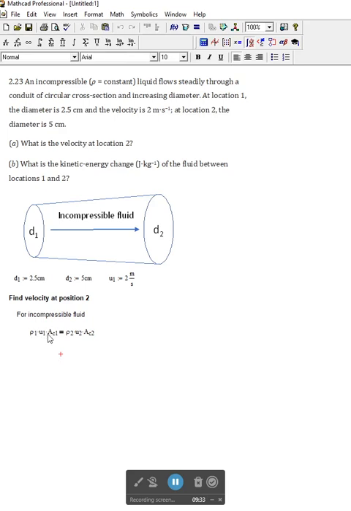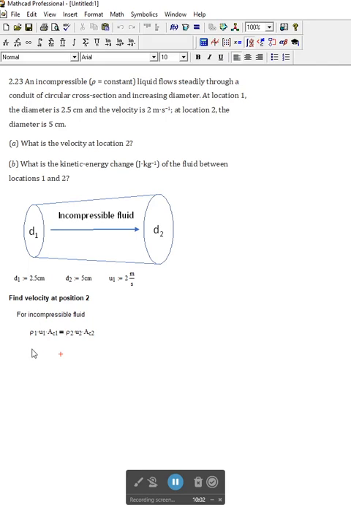Density times linear velocity times cross-sectional area at position 1 is equal to density times linear velocity times cross-sectional area at position 2. And what I want you to notice is that I am using a bold font equal sign. This is not the assign a value sign that we had up here.